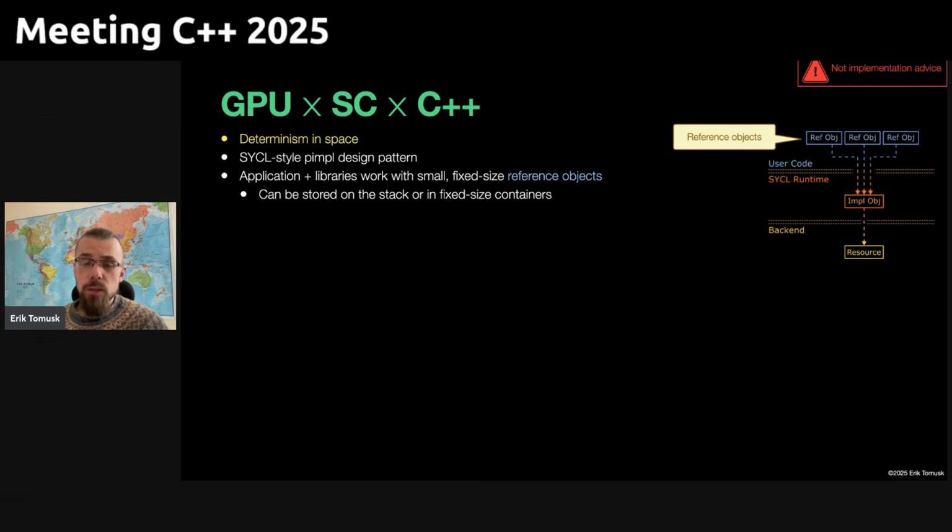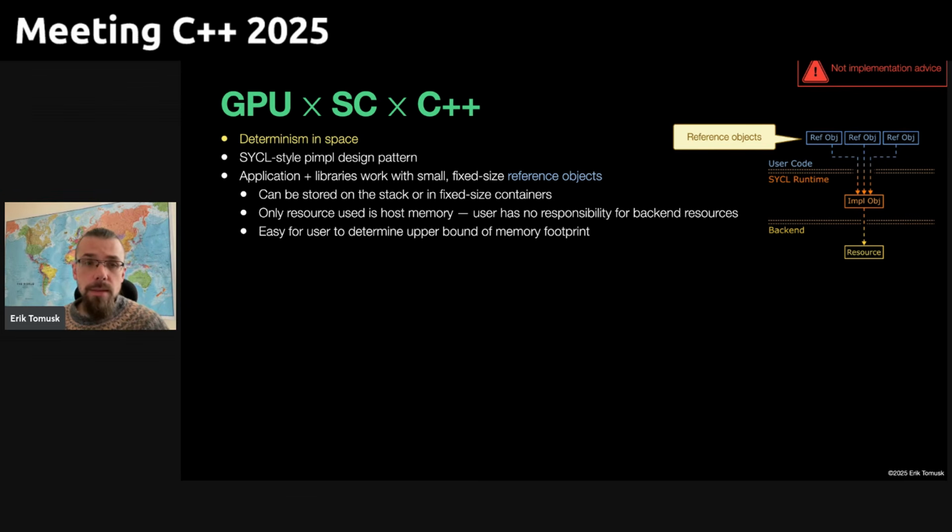Reference objects can be stored on the stack or in fixed size containers. And the objects themselves only use host memory. So it's fairly straightforward to figure out who has responsibility for these objects. And we know that the objects don't actually own any backend resources. And that means that establishing deterministic upper bounds for the memory footprints of these objects is entirely doable.